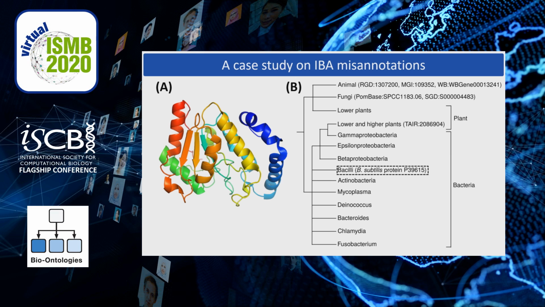A phylogenetic tree for the UDG family is shown in Figure B, which has two main branches. The top branch is for eukaryotes such as animals, fungi, and plants, while the lower branch is mainly for bacteria, including Bacillus circled in the dashed box, even though some plants also belong to this branch.